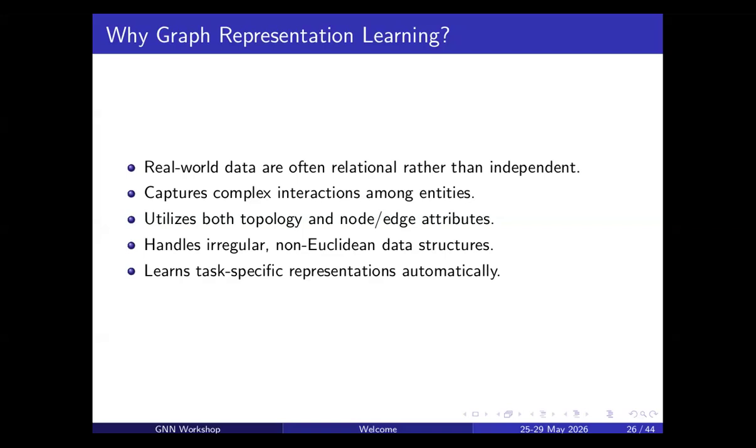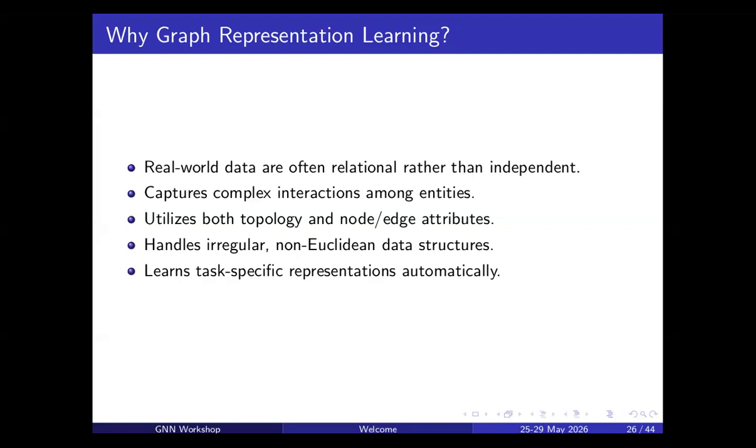For example, if you are taking a molecular graph, each molecule interacts with the neighboring molecule. Along with that, each molecule has some set of properties, maybe their color, maybe their atomic properties.